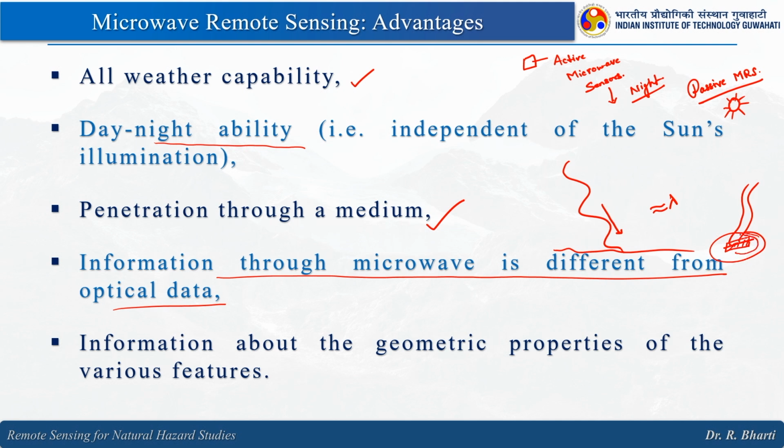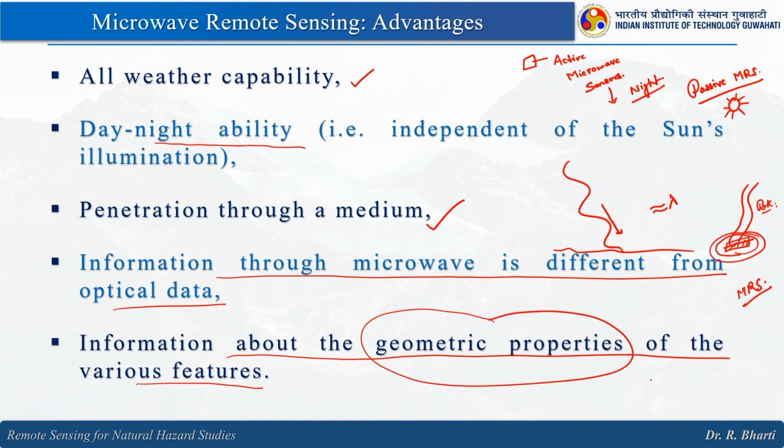So, those things, and the moisture condition, will control this backscattering signal, right. Information about the geometric properties of the various features will be possible through microwave remote sensing, whereas in optical the geometric information is limited. Only when we go for the panchromatic image, we have the geometry of the target, right, because the spatial resolution is very high.